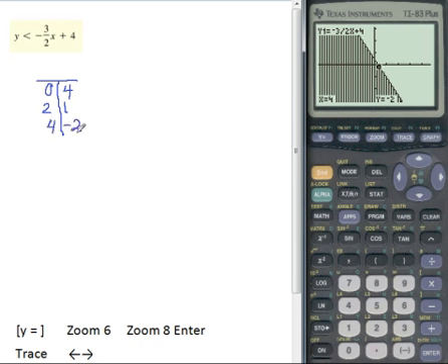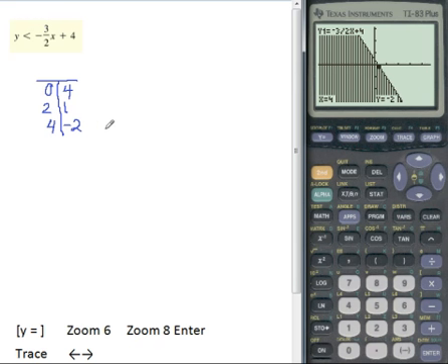Now, just to be certain that you've got this correct, you want to put one of these points back into the original equation, and it should make the two sides equal, because when they're on the line, that is where it's equal. And you should take some point out here in the shaded region and make sure that it makes y less than the value on the right. So let's just do that.